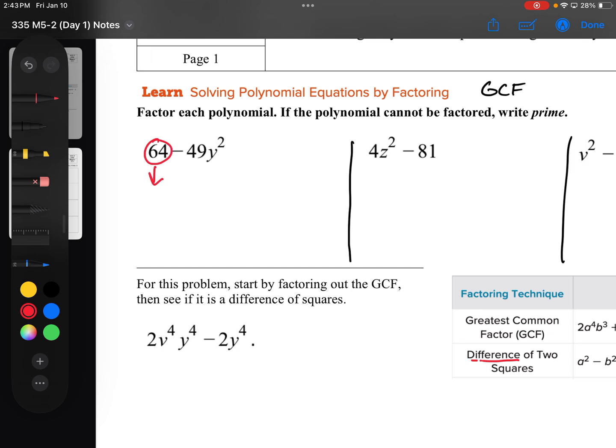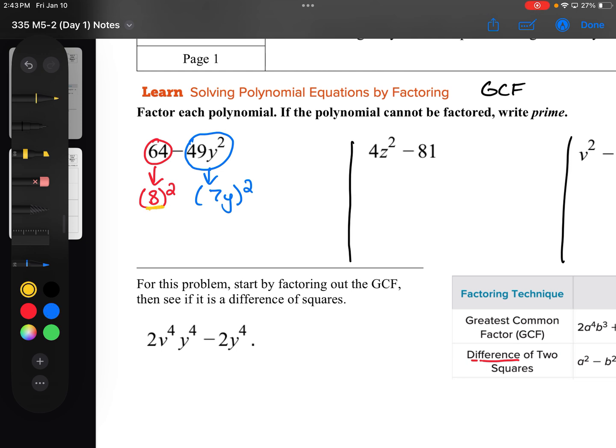It is the same thing as 8 times itself, or 8 squared, okay? 49 is also a perfect square, but the y squared also has to be a perfect square with it. So think about it. Is y squared a perfect square? It is. It's the same thing as y times y. So it can be rewritten as 7y to the power of 2. So you have successfully identified a difference of two squares, okay?